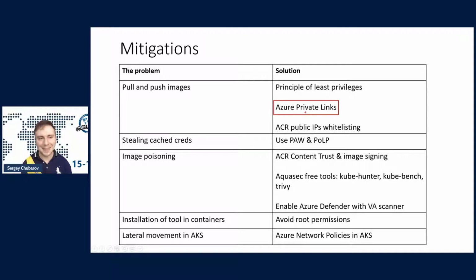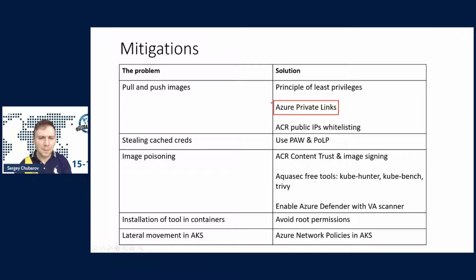So a container registry, which is storage for images, may work only using private links, and you will not be able to push or pull images from outside, unless you enable private links, of course. You may deny public access, like we did with the database yesterday, and so it will be available only through the virtual network, not from any IP address.